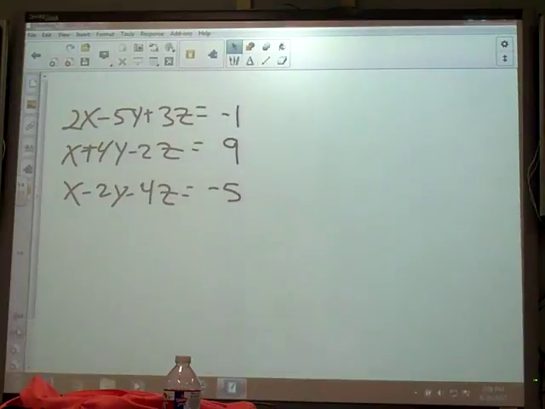Once you get one variable, you plug it back into one of the original equations, not one of the new ones you made.